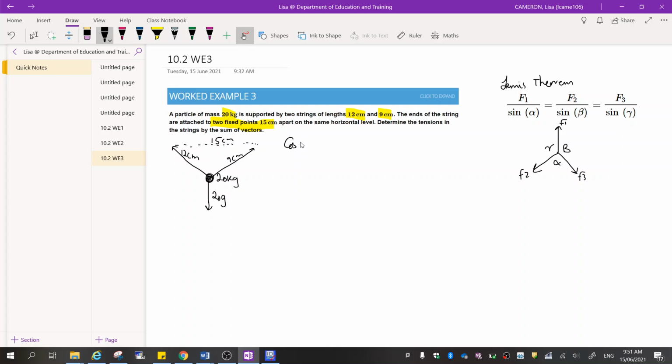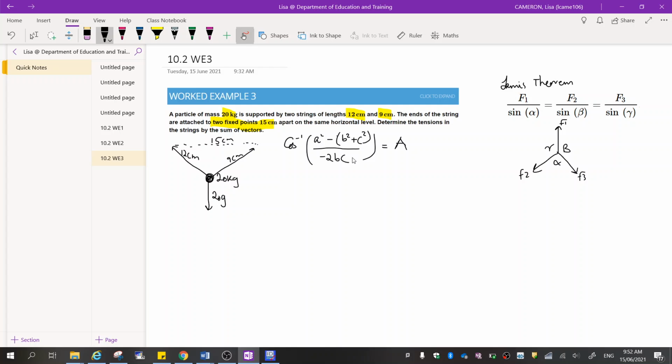So cos⁻¹ is equal to (b squared plus c squared minus a squared) all over 2bc, and that will give me the angle that I'm looking for. Now, I've remembered this and I've rearranged it on my piece of paper, so if you can't remember this formula, make sure that you can rearrange it to get there.